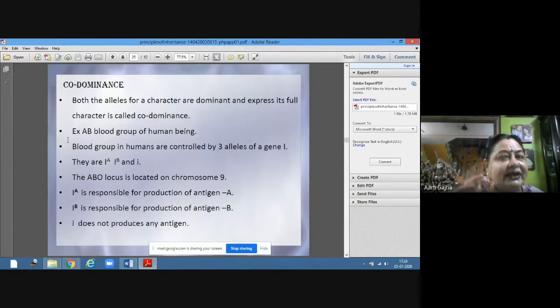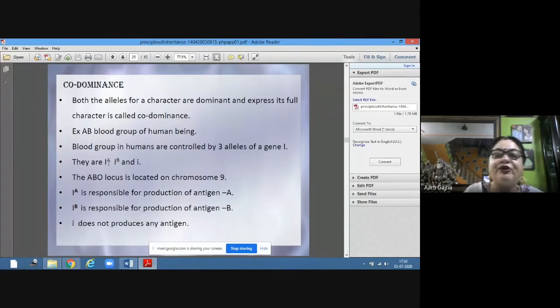So these genes are giving some information from parent to the progeny. Now these three alleles have different information. What is the information? IA is the surface antigen or surface sugar polymer on the RBC, A sugar.